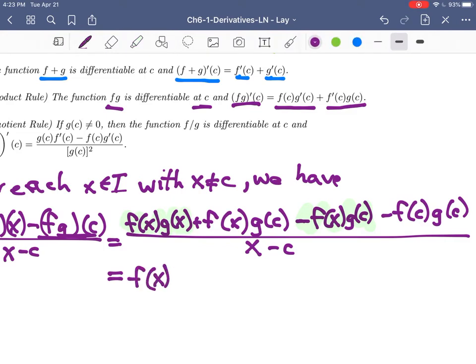So we have f of x times g of x minus g of c over x minus c.